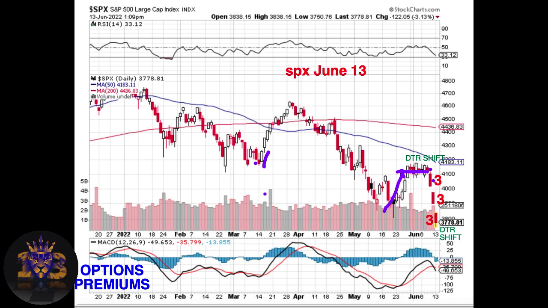And it's important to understand the size of the move because it's the shift that determines the premiums in your option. So there's a few factors that determine the premiums of the option: the size of the move and the speed at which the move is expanding.